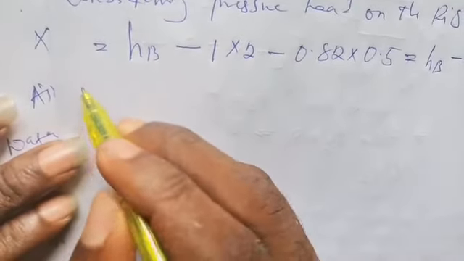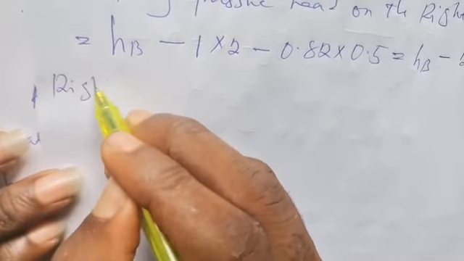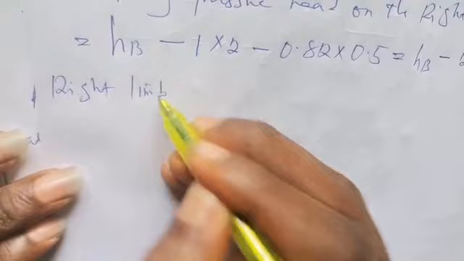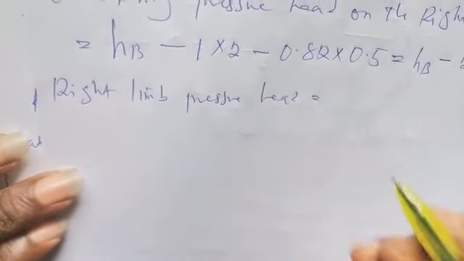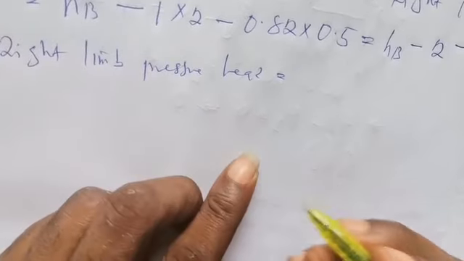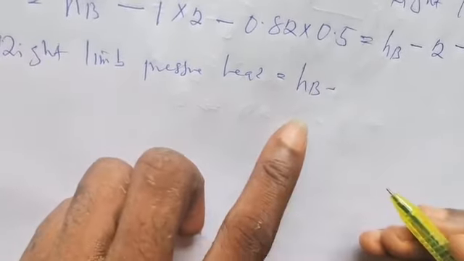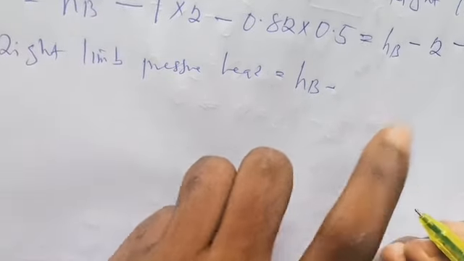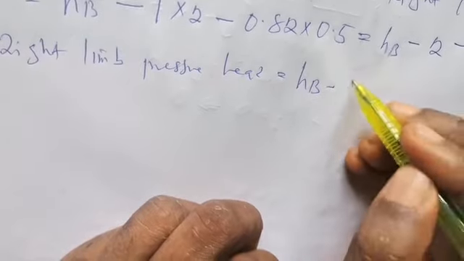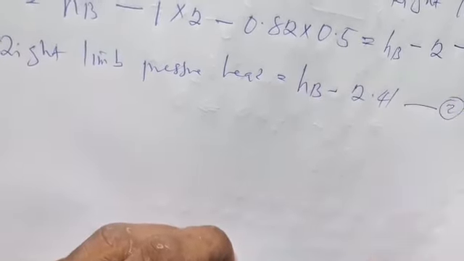So it means now that the pressure head at the right limb is equal to HB minus 2 minus 0.41, which gives us HB minus 2.41. You can call this equation 2.